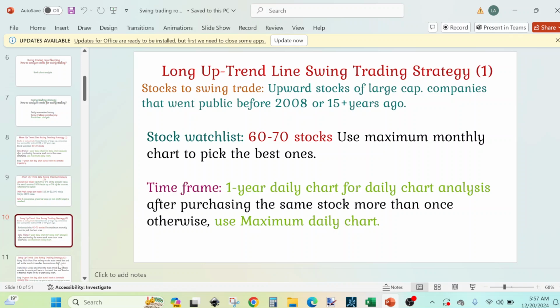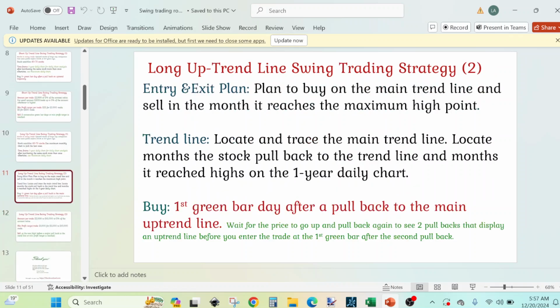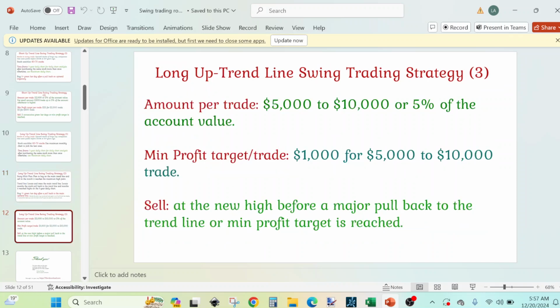The principle is the same, but we are targeting a longer trend line, and buy at that line when the stock starts going up from that line and we have a confirmation that it is going to follow that trend line, since that is an uptrend line already, and aim for a relatively higher profit by allocating a higher amount per trade, and aim to exit when the minimum profit is reached, when we reach a new high.